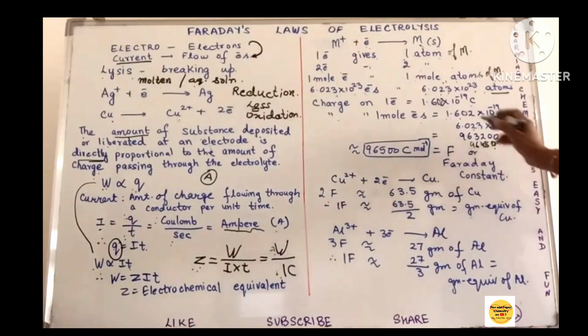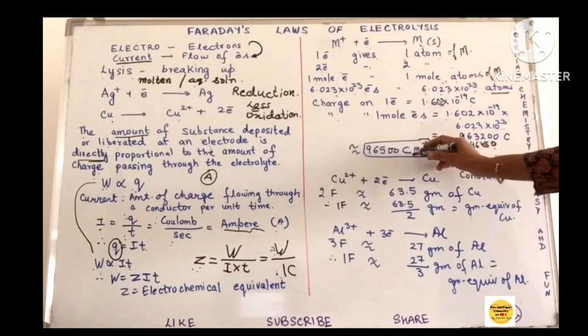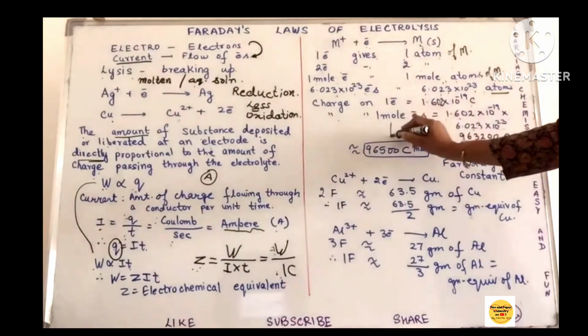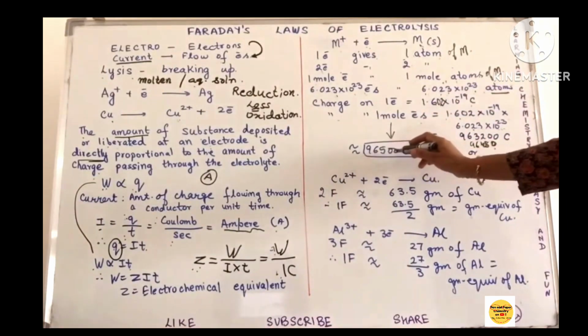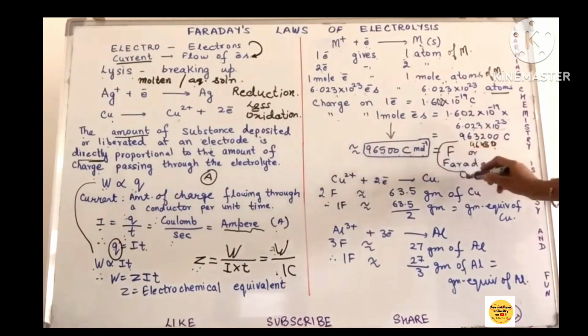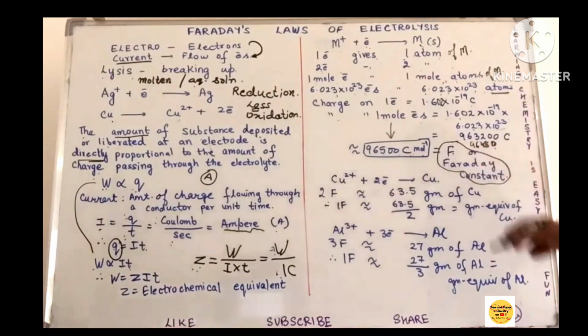As an approximation, we take this value as 96500 coulomb per mole. That means the charge carried by 1 mole of electrons is a constant value known as 96500 coulomb per mole, also called the Faraday constant, represented by capital F. So we introduce a new constant over here called the Faraday constant.